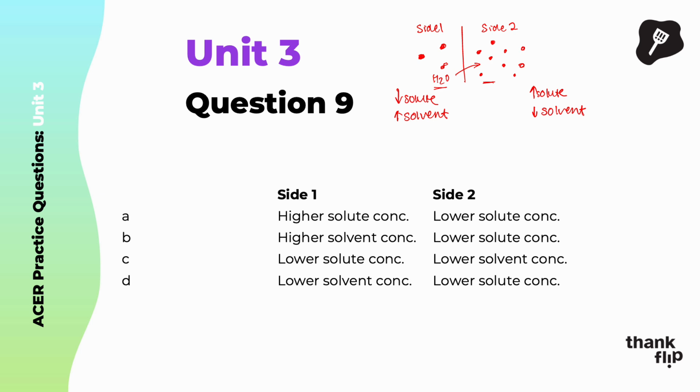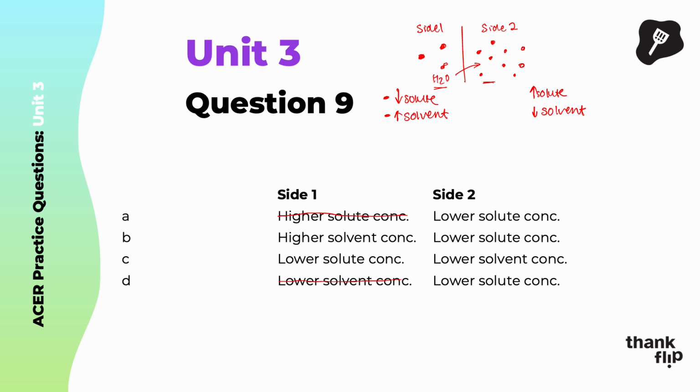So option A says higher solute concentration on side 1 and lower solute concentration on side 2. And this is incorrect because, as we saw here, we need to have a lower solute concentration. Okay, so we can eliminate higher solute concentration here. And we also know that we should have higher solvent concentration.